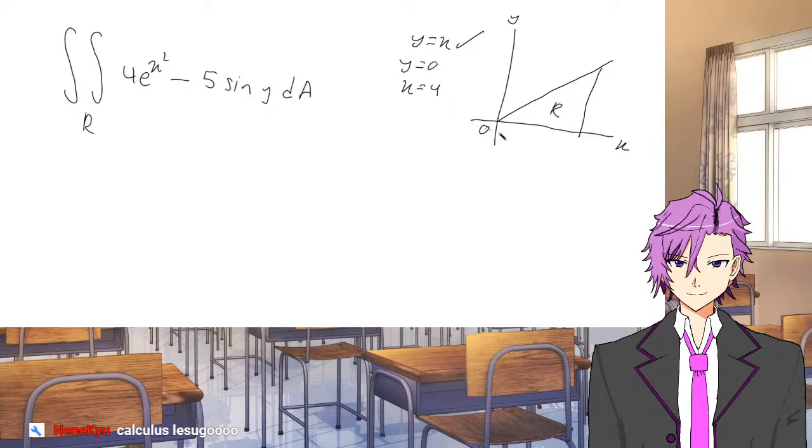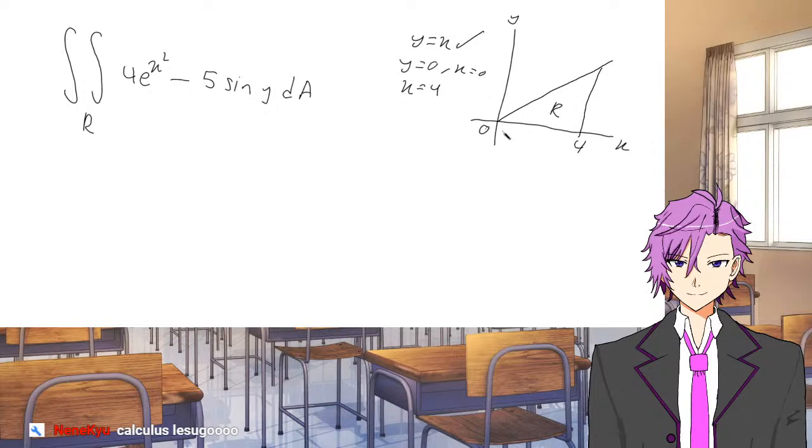So from 0 to 4. Now we have that y is equal to 0, and x equals 4. If you do this, with y equal to 0, x would also be equal to 0.